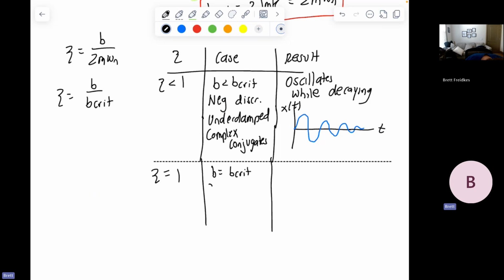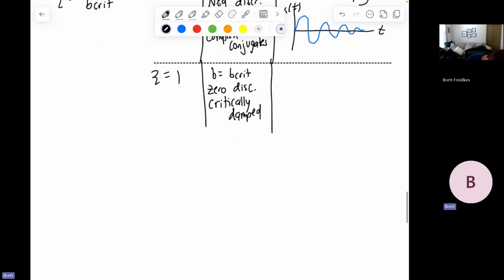This has a 0 discriminant. This is going to be critically damped. And as we saw before, in our quadratic equation, we had negative B plus or minus 0 over 2m, and that led to repeated roots.